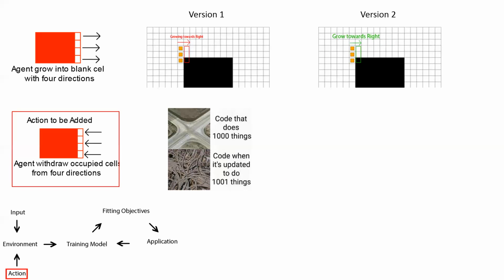There's some actions that I want to add, where the agent will withdraw the occupied cells from the 4 directions. So they will try to take back what they have already grown, which allows more space for the other agents to grow, and they can move around in the space or the board.